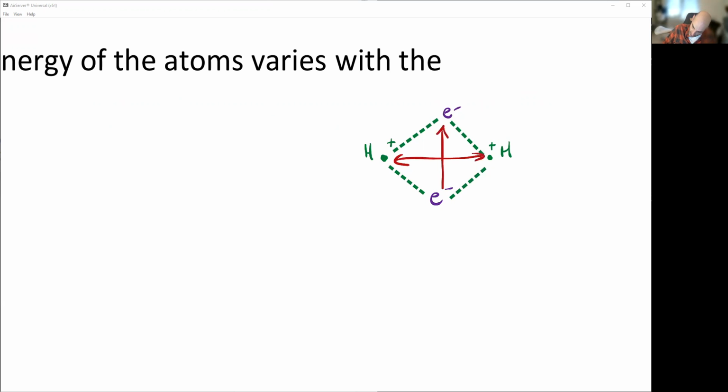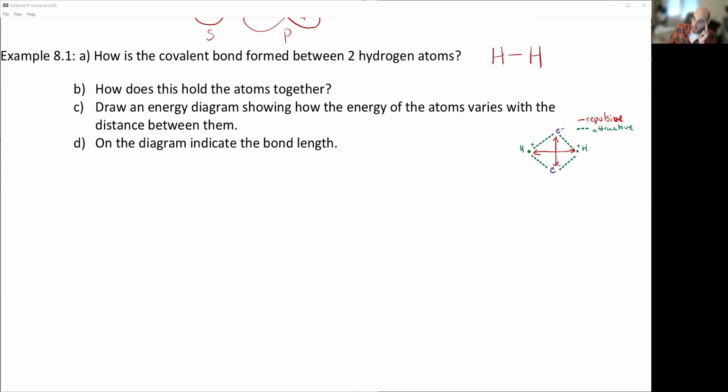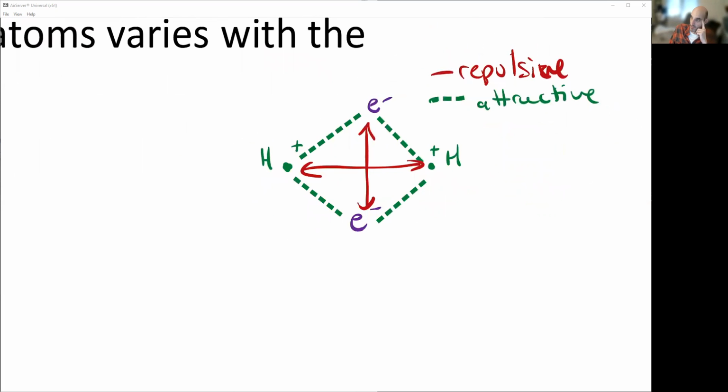As long as the attractive forces outweigh the repulsive forces, we have a bond. So those are the repulsive forces, and the dashed lines are attractive forces. Okay, so that is A. Those are how the things hold together. We have attractive and repulsive forces. The attractive forces outweigh the repulsive forces, and we've created an interaction, or we've created a bond.